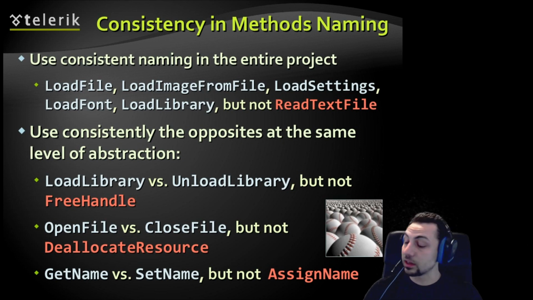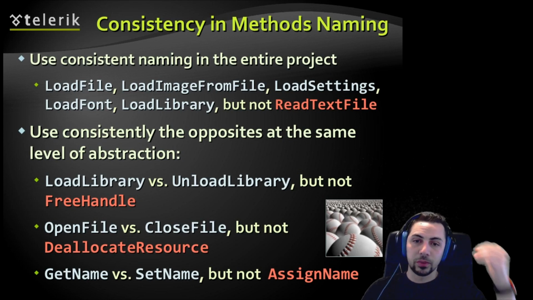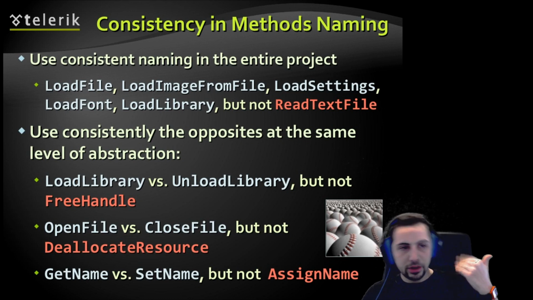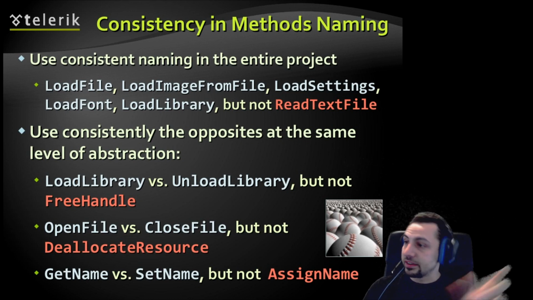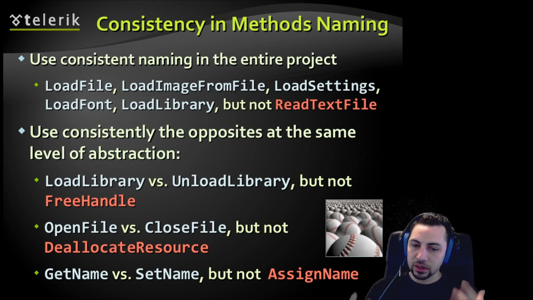And if you have anything that is doing some kind of a load, make sure it follows the same format. Use consistency. It's going to help you, again, with your autocomplete, because you'll type load, and then your autocomplete will list, did you want to load a file, a font, a library, settings? But you won't see read text file in there because they're not named consistently. So when I talked about defining your classes such that autocomplete is a help rather than a hindrance, this consistent naming is a big part of that. Okay.